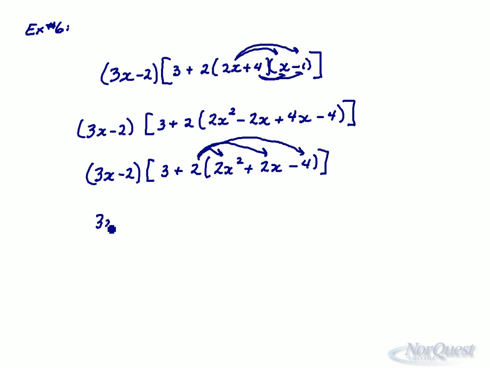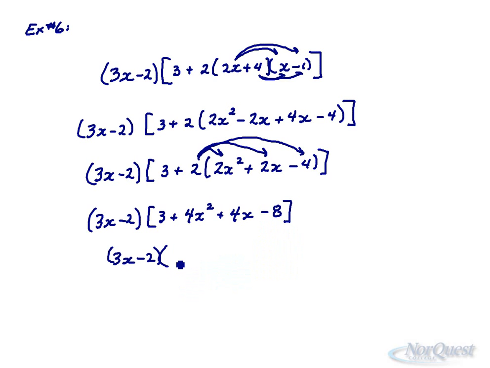I get 3x minus 2 bracket 3 plus, and then I end up with 4x squared plus 4x minus 8. Collect like terms one more time inside the big square brackets, and then we could do our last step of multiplication. 3x minus 2.